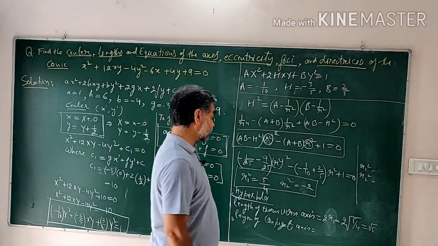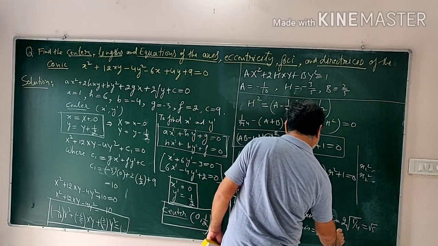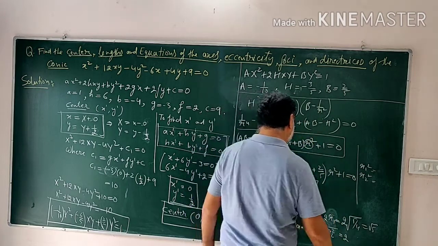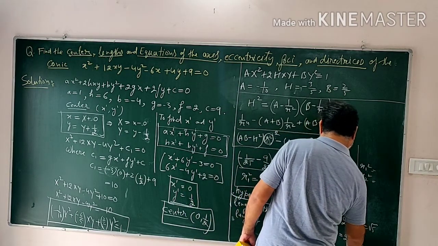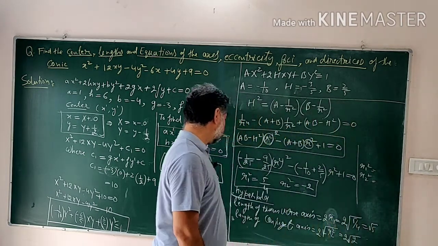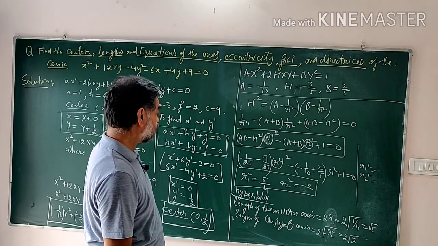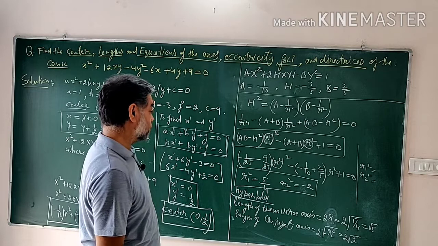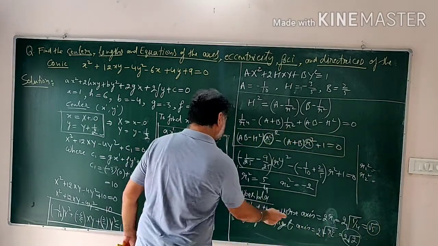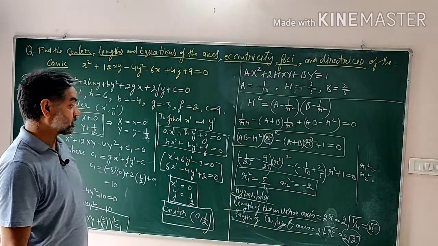The length of the conjugate axis is given by 2 times the square root of minus r2 square, which is 2 under root 2. So these are the lengths of the transverse axis and the conjugate axis.